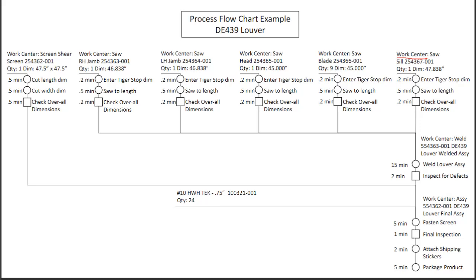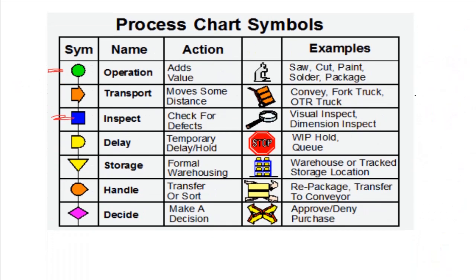So I'll just quickly show you those symbols. Here we have a circle, which shows an operation. It adds value. Examples would be sawing, cutting, painting, soldering, welding, milling, turning, any fabrication method that adds value and changes the part in some way.